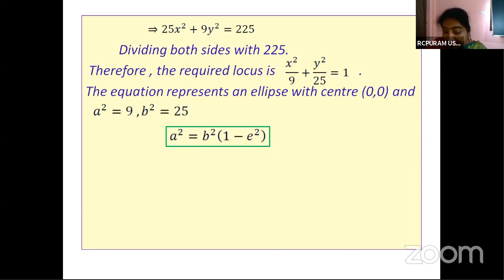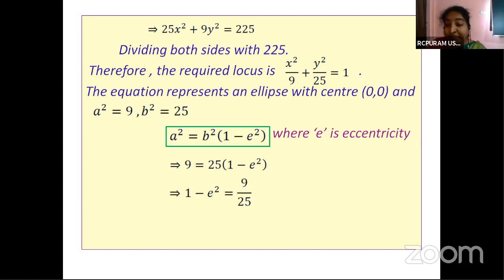Okay, then when we substitute a square and b square in the problem, you will have it as 9 is equal to 25 into 1 minus e square, which is 1 minus e square is nothing but 9 by 25. Or I can write e square is equal to 1 minus 9 by 25, which is nothing but 16 by 25. So this implies e is equal to 4 by 5.